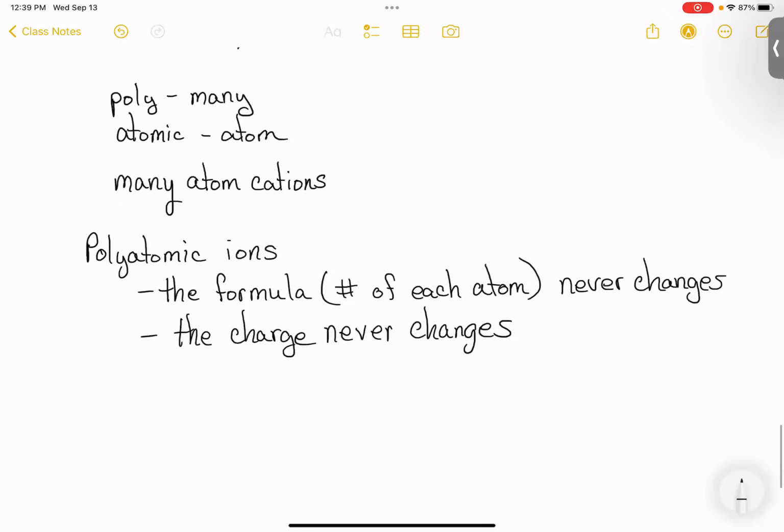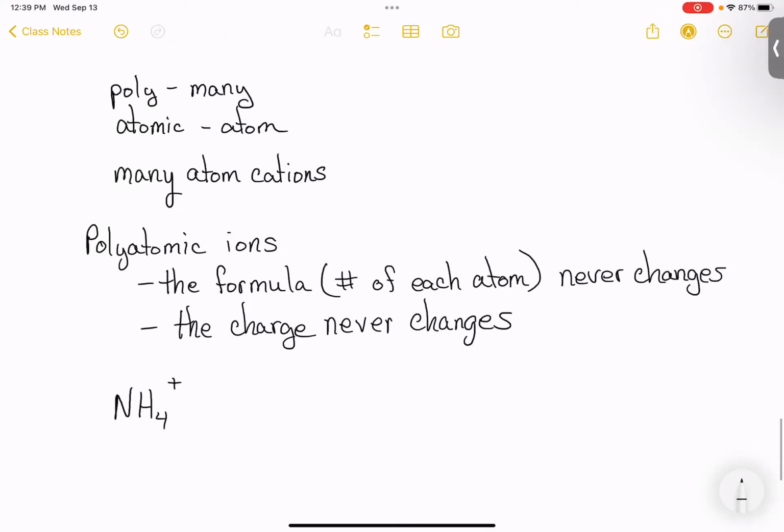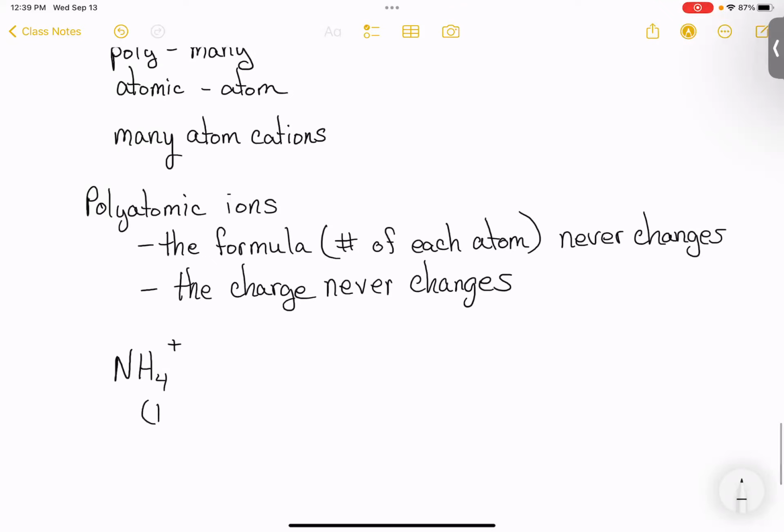The two cations include 1 nitrogen and 4 hydrogens and carries a +1 charge. This polyatomic ion is always called ammonium.